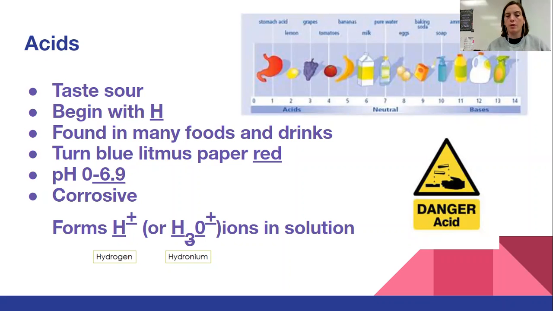If you don't know that H+ means hydrogen or H3O+ means hydronium, then I would write that underneath the symbols just to make sure that you know what we're talking about as we go through this unit. Next to acids, you can write: acids are sour, and red's the color that tends to go with them.